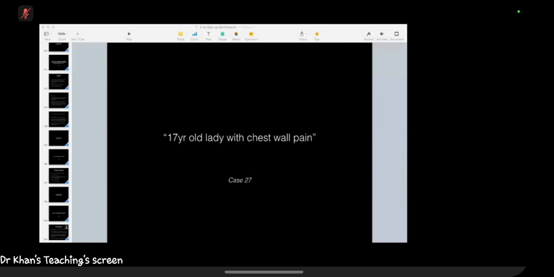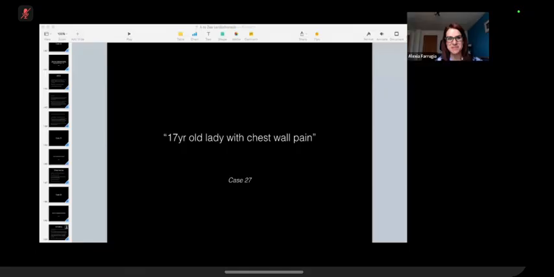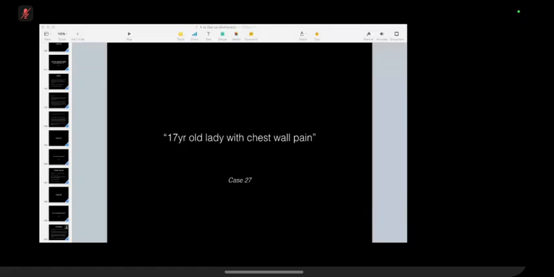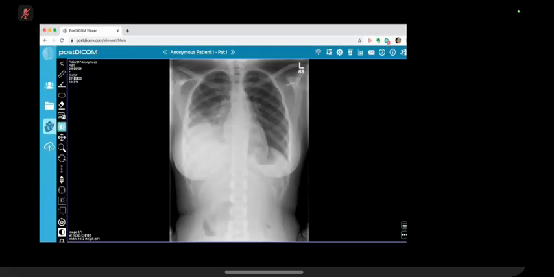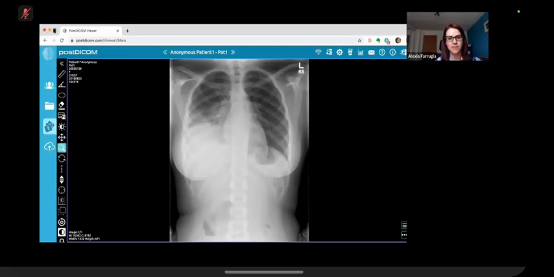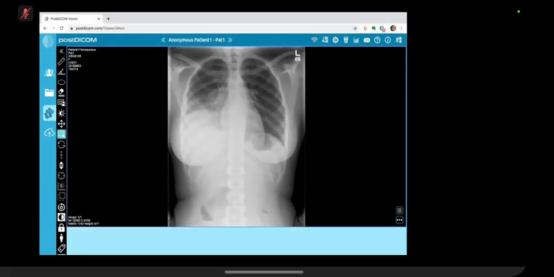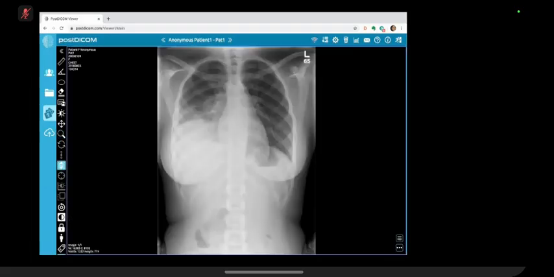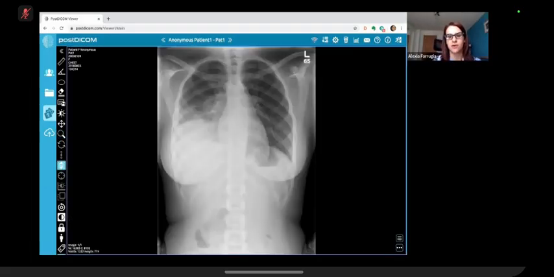Okay, I can still see the PowerPoint presentation. I'm preparing. Okay, so we'll start with chest X-ray. Can you see it now? Yes. Whenever you're ready, have a look.